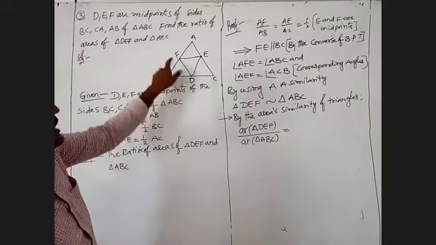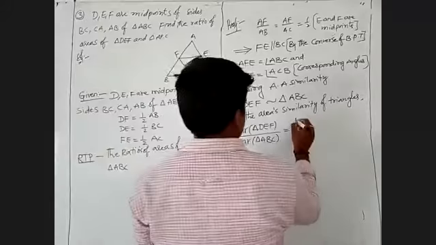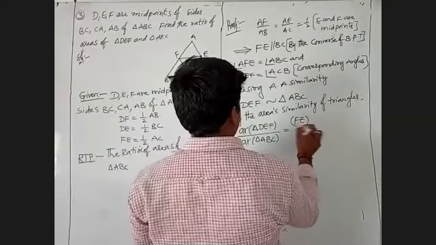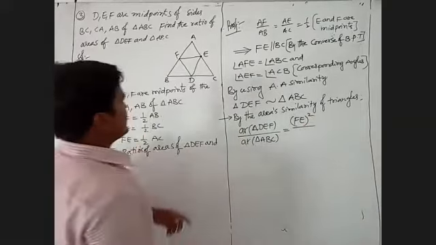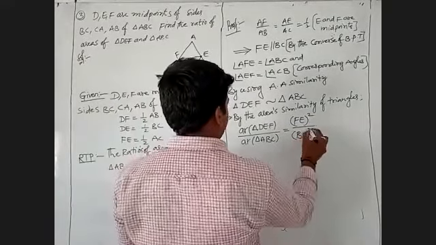In triangle DEF, the base is FE, that means FE whole square by, for triangle ABC, the base BC whole square.